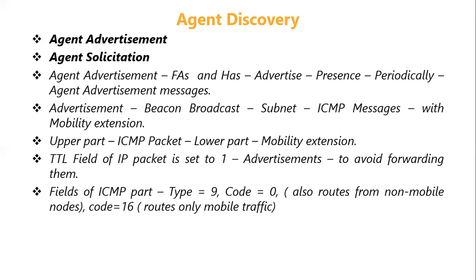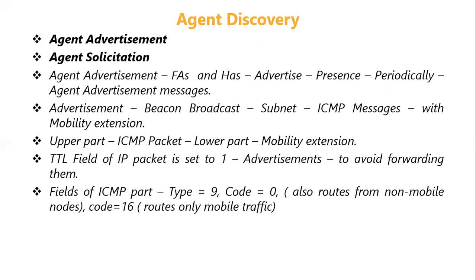The type field in the ICMP part of the advertisement message is set to 9, and the code field is set to 0 if the agent also routes packets from non-mobile nodes. Otherwise, it will be set to 16, which means it routes packets only from mobile nodes.